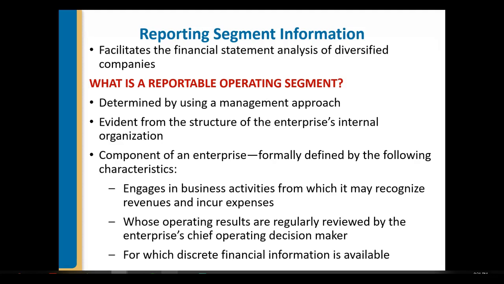The characteristics that define an operating segment include a component of an enterprise that engages in business activities from which it may recognize revenue and incur expenses, including revenues relating to transactions with other components of the same enterprise, or a component of an enterprise whose operating results are regularly reviewed by the enterprise's chief operating decision maker to make decisions regarding resources to be allocated to the segment and assess its performance.